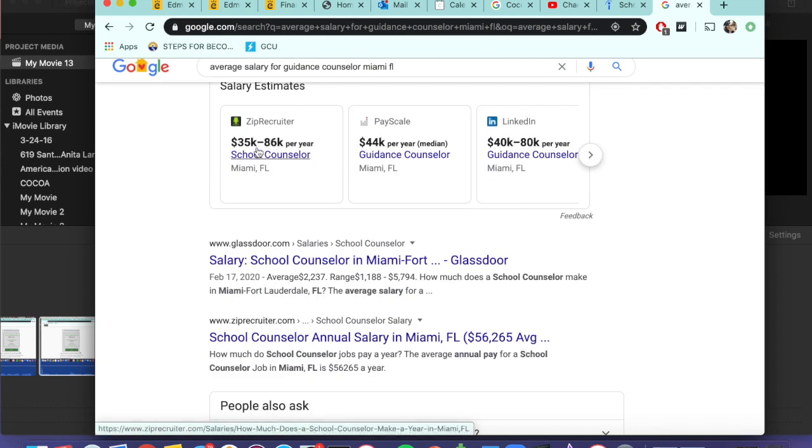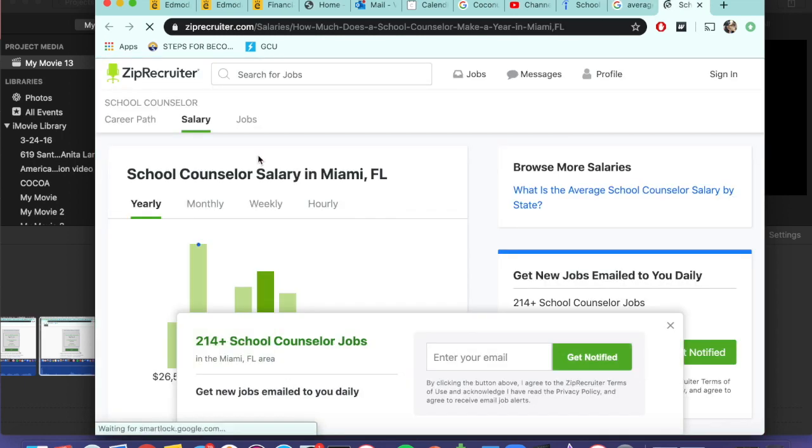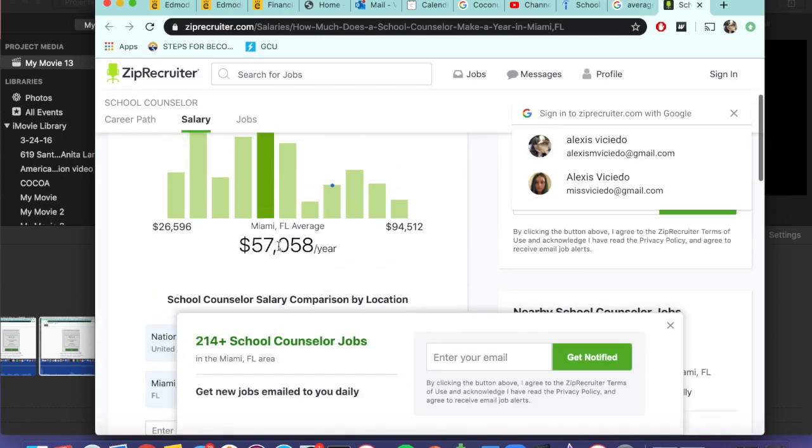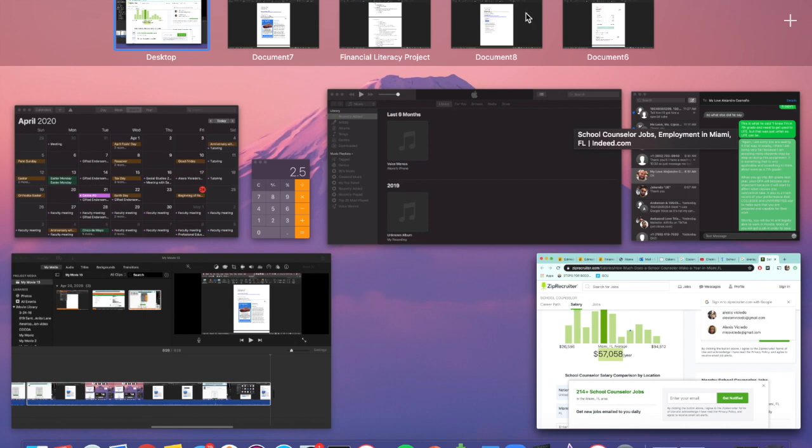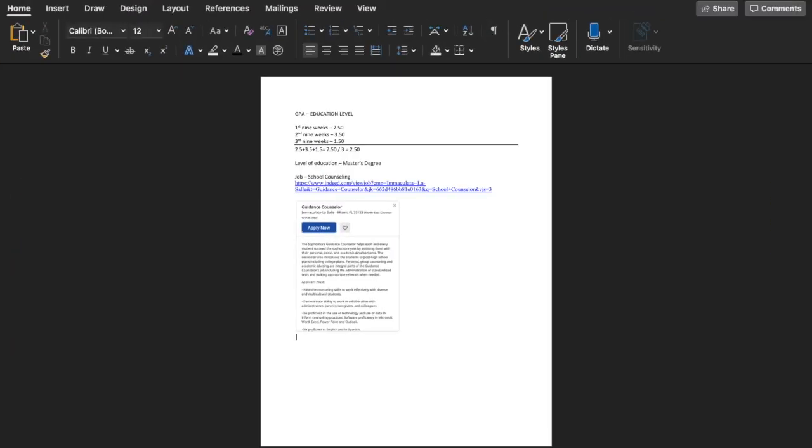ZipRecruiter says about $35,000 to $86,000 a year, and the average says $57,058. We're going to pretend that this is the amount of money we're going to be earning per year. So for salary, we're going to put $57,058 per year.